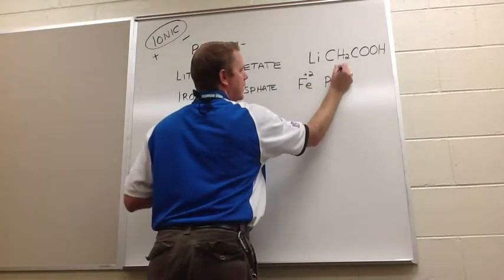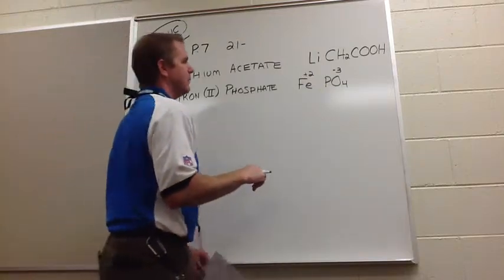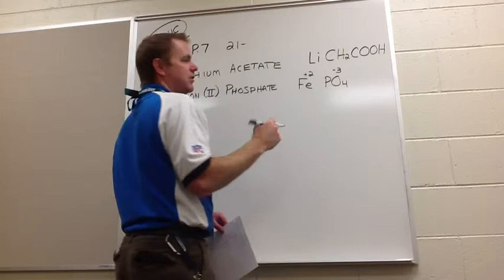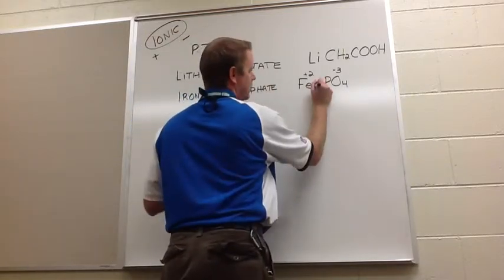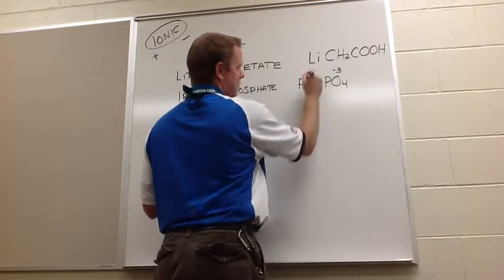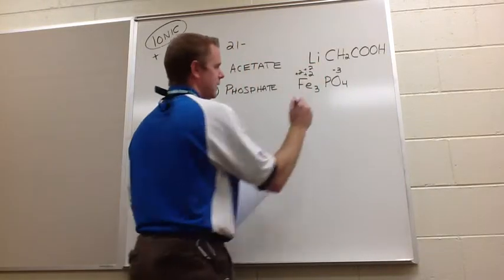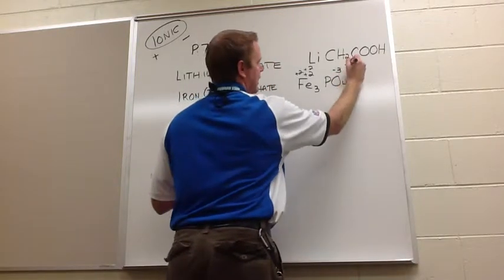Phosphate, we're memorizing, is -3. Those do not cancel each other out. So when I look at count by 2s, count by 3s, the first number that it meets is a 6, right? So 3 Fe's, +2 +2 +2, is a +6. And thus, 2 PO4s would give -3, -3.